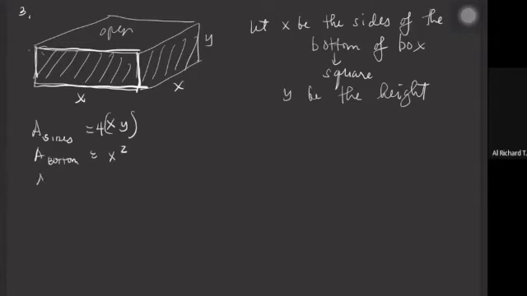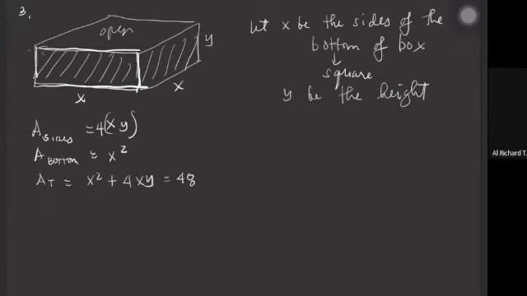So the total area would be x squared plus 4xy. And the area is given. It is equal to 48.